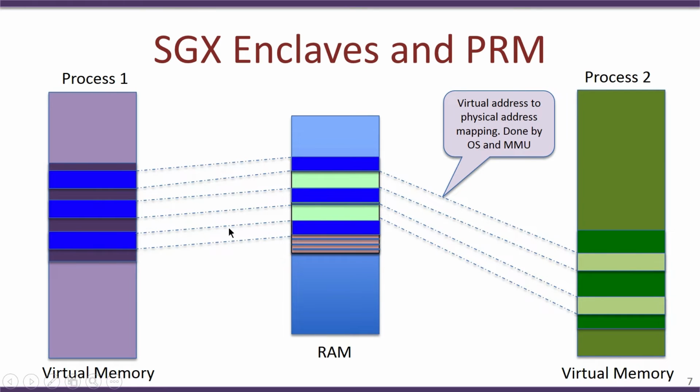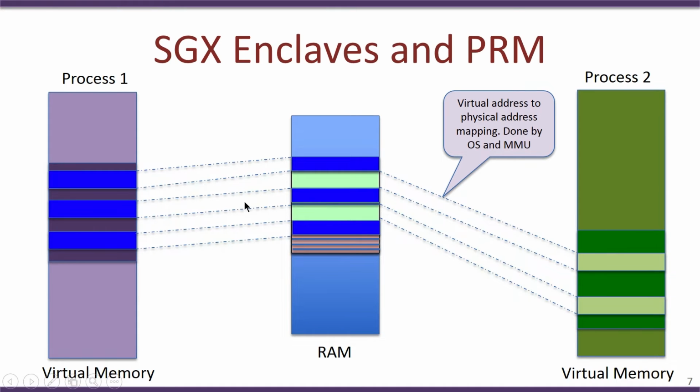The memory management unit converts the virtual memory to the physical memory address, and the operating system would ensure that addresses from these enclaves get mapped to physical pages within the PRM present in the RAM.